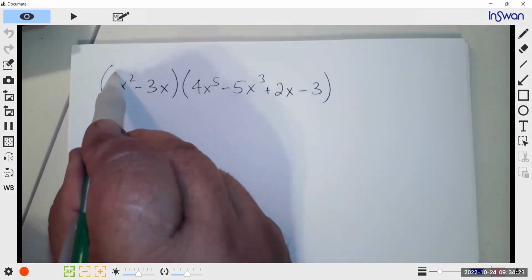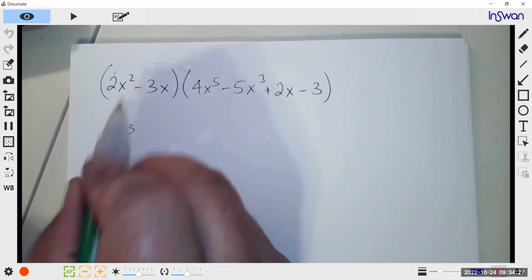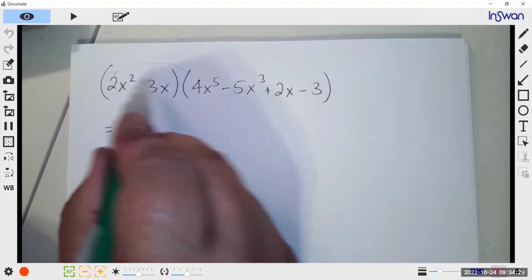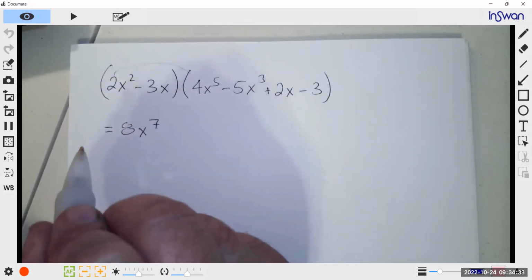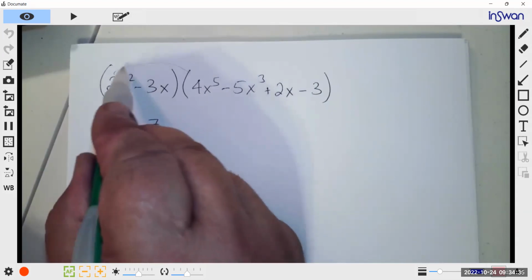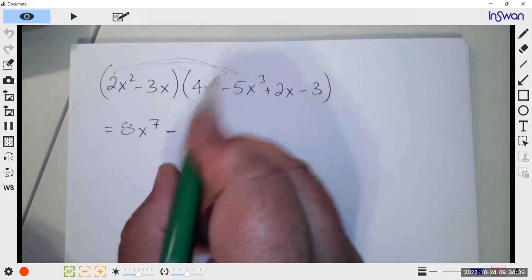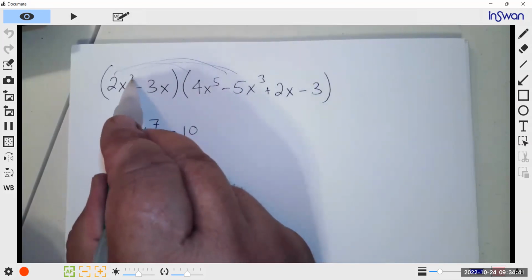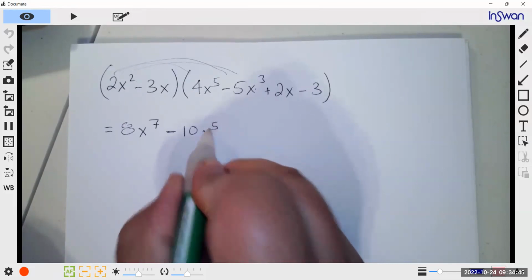So the first one, positive times positive is a positive. 2 times 4 is 8. 2 x's and 5 x's, that makes it 7 x's. Positive times negative is negative. 2 times 5 is 10. I have 2 x's here, 3 x's there, so it's 5 x's.